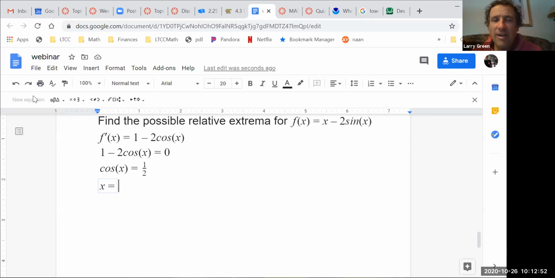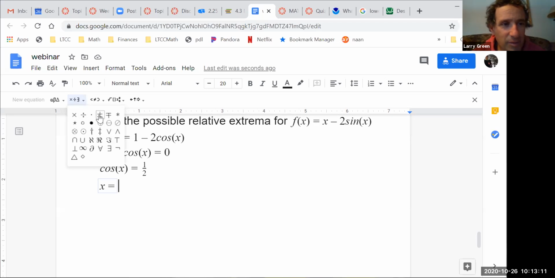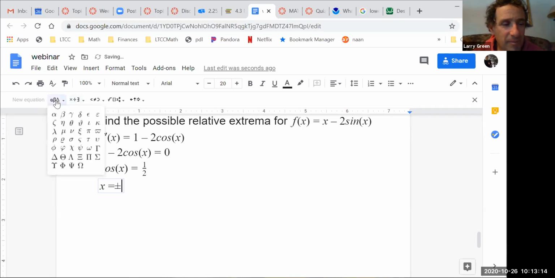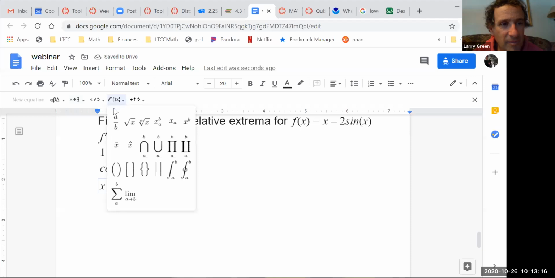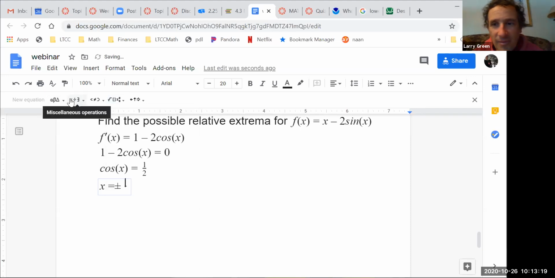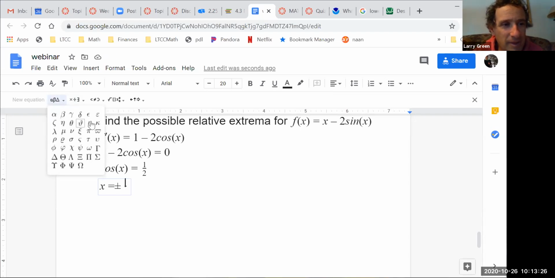Good. Anywhere else? How about negative pi over 3? Anywhere else? So plus or minus pi over 3. Yeah, 5 pi over 3. I'm going to call it plus or minus 5 pi over 3 because that's going to be easier to type.